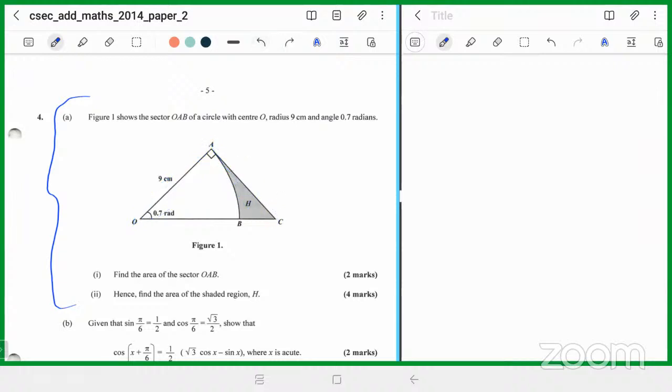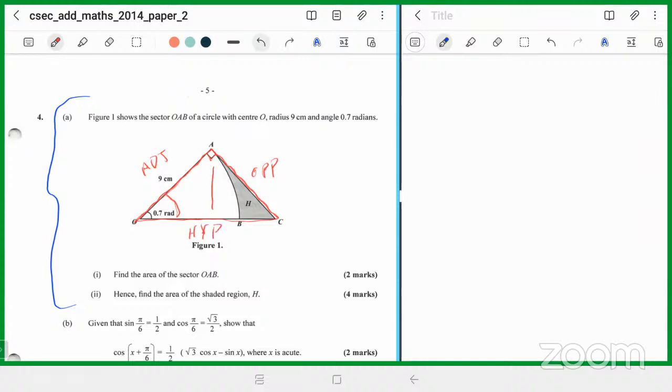Let me use the red ink. I need to know what this side is, and then I can use half the product of those two perpendicular sides. Because this is a right angle triangle, with this angle under consideration, this is the adjacent, this is the opposite, and this is the hypotenuse because it is opposite the 90 degrees.